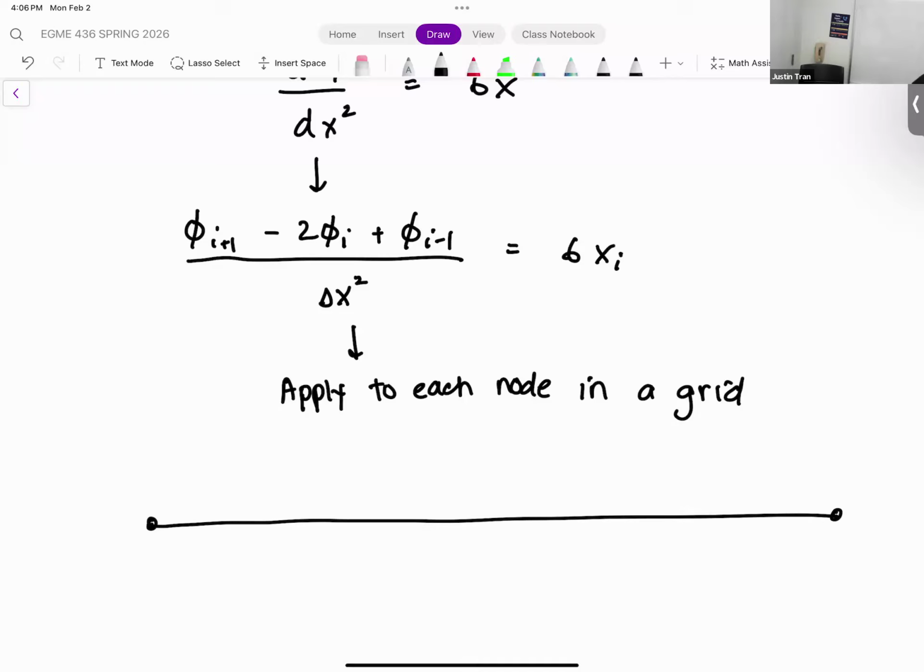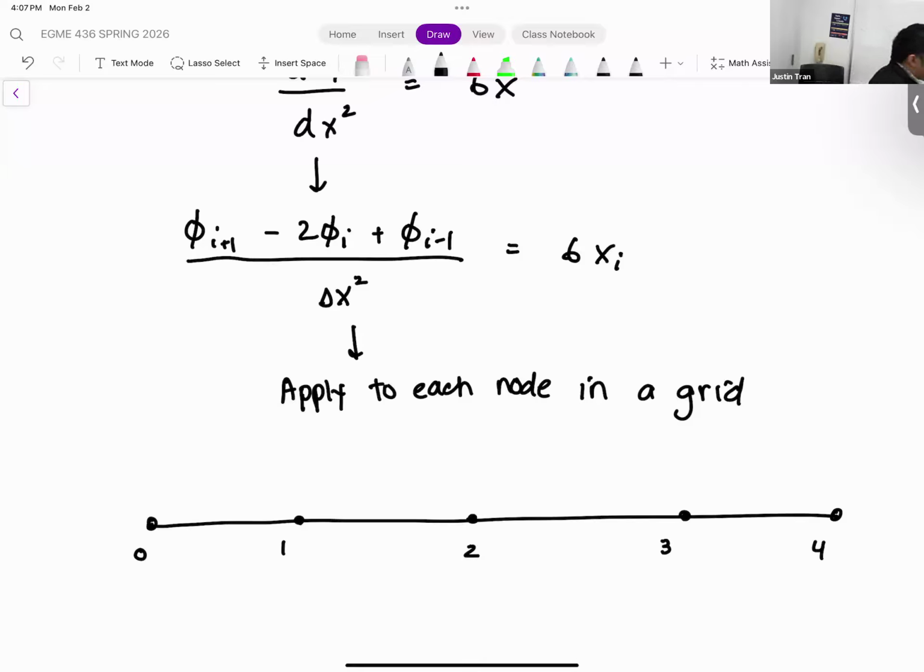A grid means you take your continuous domain and break it up into a discrete number of nodes. For the example we were doing, we have 5 nodes in our system: node 0, 1, 2, 3, 4.